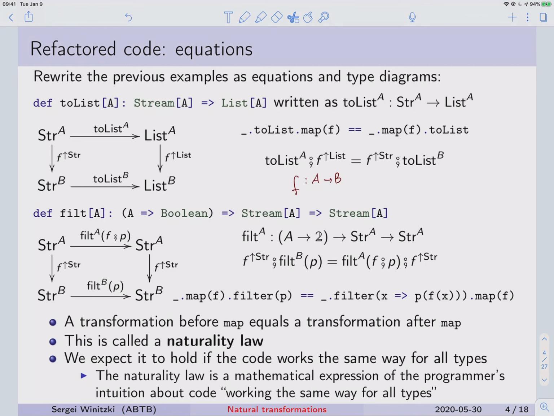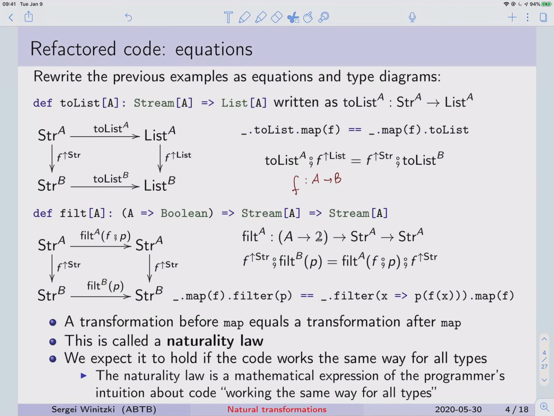It doesn't really change the result. So this is our intuition, this is our expectation about the function toList. But we would like to write this expectation as an equation so that we can quite rigorously check that this expectation is valid.